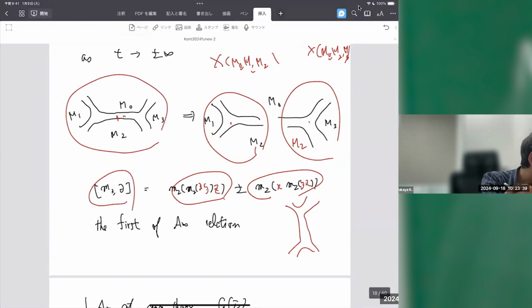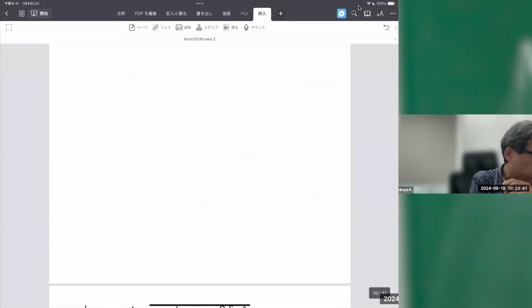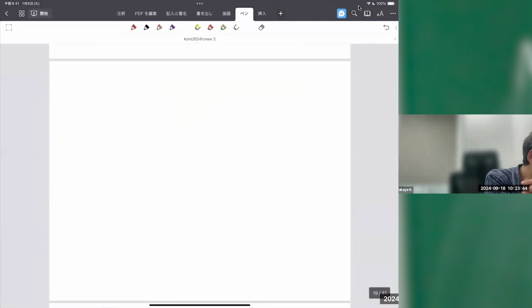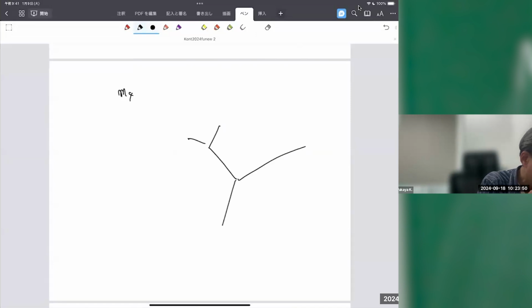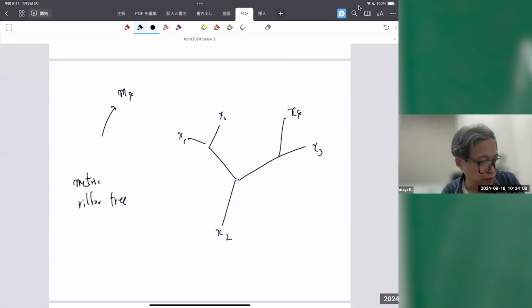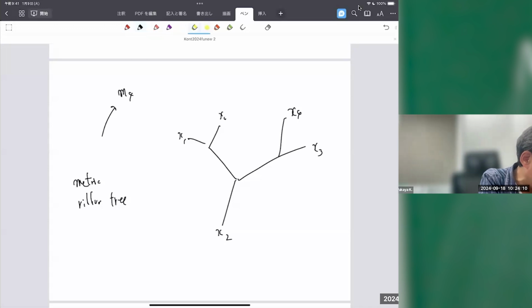So I wrote it here. Now if you want to define M4, then you take all these x0, x1, x2, x3, x4, all this metric ribbon graph, ribbon tree. If you have this metric ribbon tree, then you can make it a bit fat.